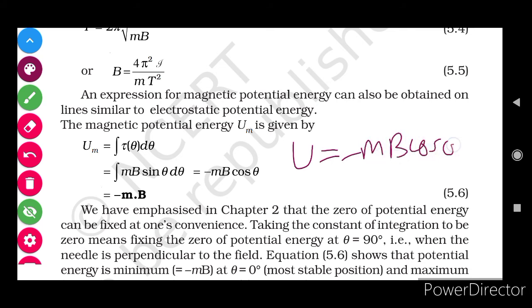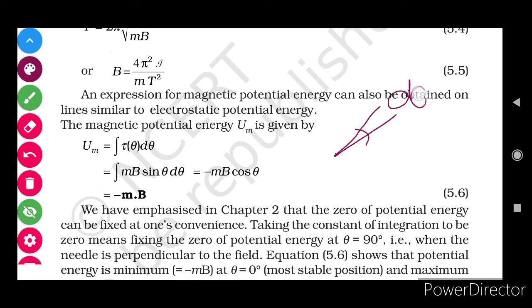How did we obtain that? If you remember, the work done in rotating a dipole from angle theta 1 to theta 2, for a small angle d theta, was tau d theta for small work done.